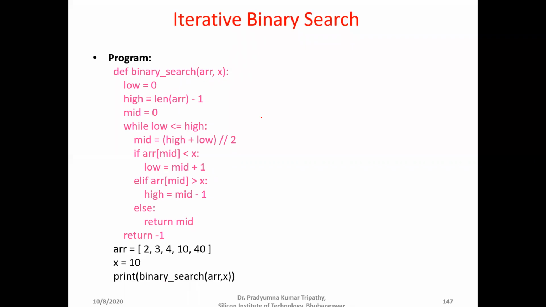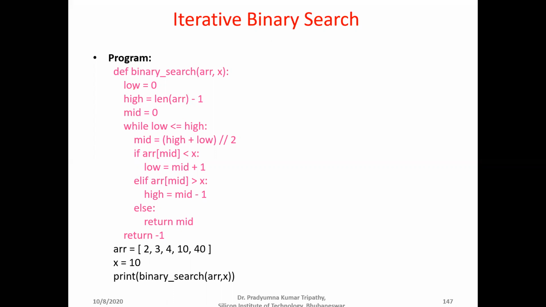So see over here, I have a binary search passing the array and the element. I take low equal to 0 because I said the upper limit and lower limit must be known beforehand. This is my upper limit, length of array minus 1, because I am starting from 0 onwards.